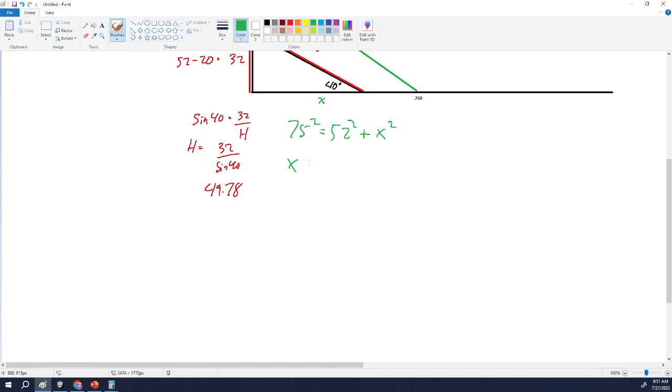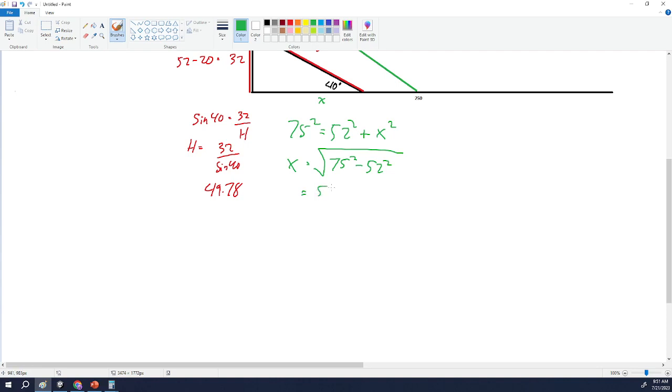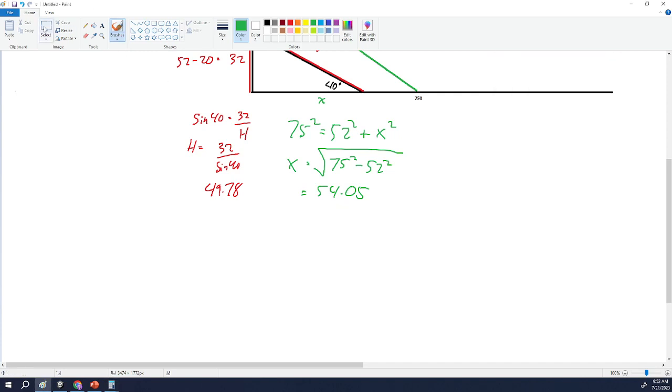Isolate x on one side, we have the square root of 75 squared minus 52 squared. So 75 squared minus 52 squared, square root, is 54.05. X is equal to 54.05. That is the effective range.